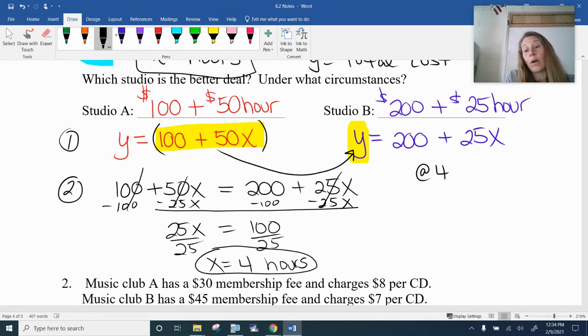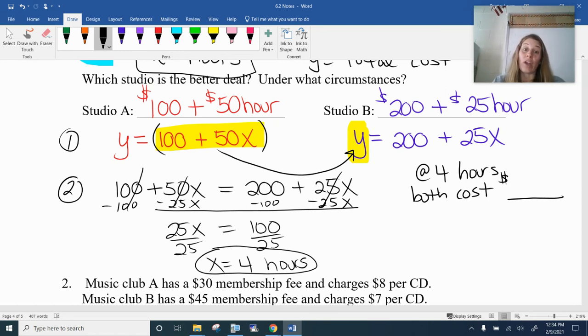So at 4 hours, both cost how much money? So this is where you would put that 4 in and check. So if I put 4 in up here, 100 plus 50 times 4, 50 times 4 is 200 plus 100 is 300.